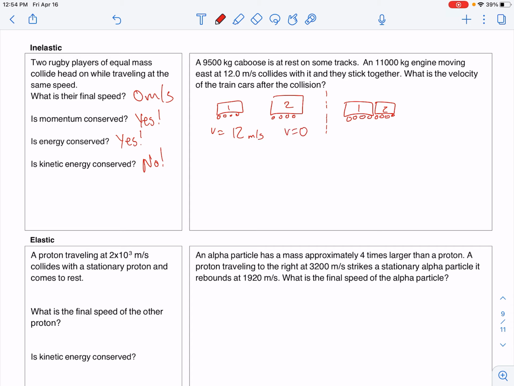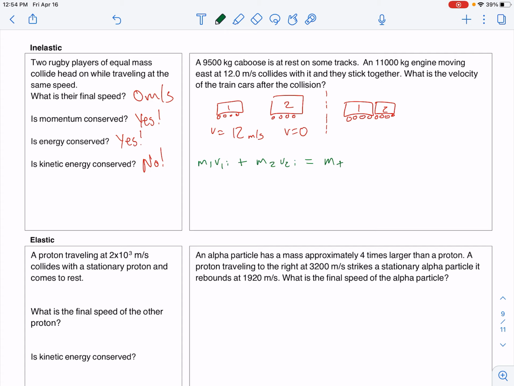Train 2 has a velocity of 0. So we have momentum for our first train initially. If we're talking about total momentum, we would add it to the momentum of the second train. The total momentum of those two before the collision should be the same as the total momentum after the collision.